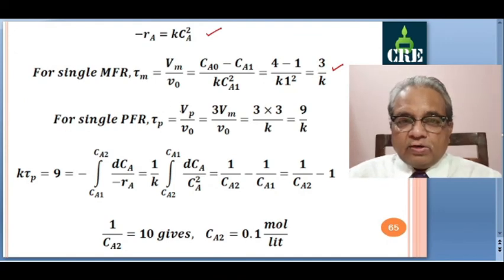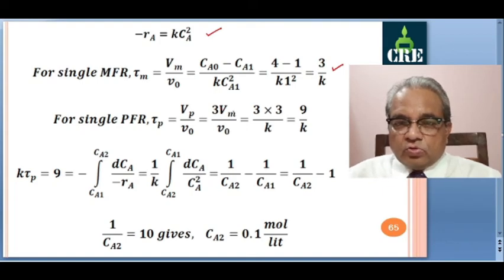For the single plug flow reactor, tau p is equal to Vp by V0. Vp we know is 3 times Vm.